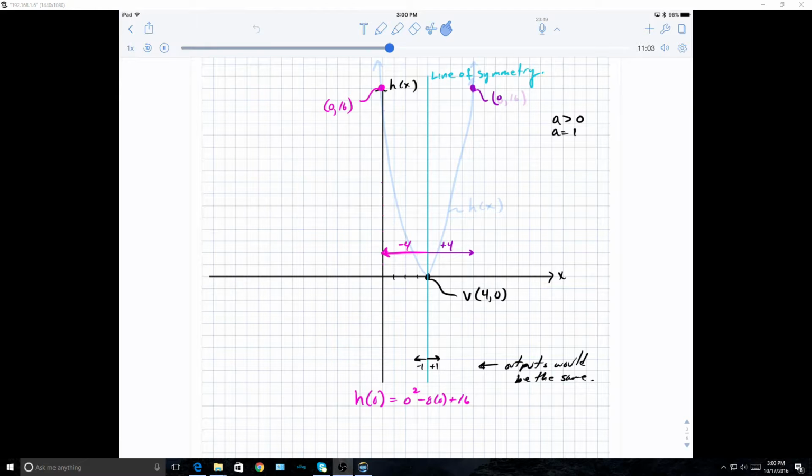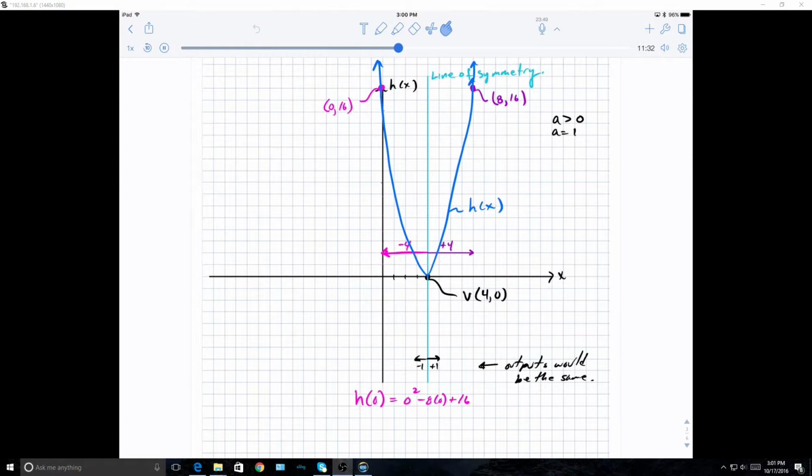So it looks like we're at 8 now and a height of 16. And at this point, we feel comfortable enough to draw our wonderful parabola. I'm not perfect, so I can't draw it as good as a computer can. But hopefully you can see that what we have here is h of x.